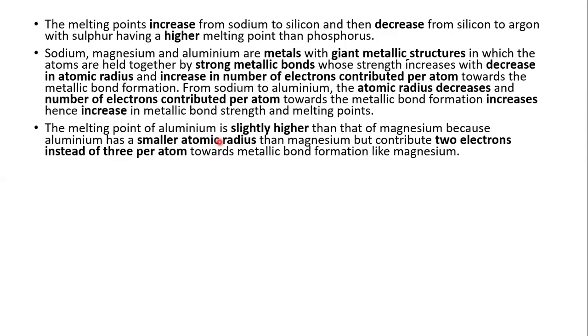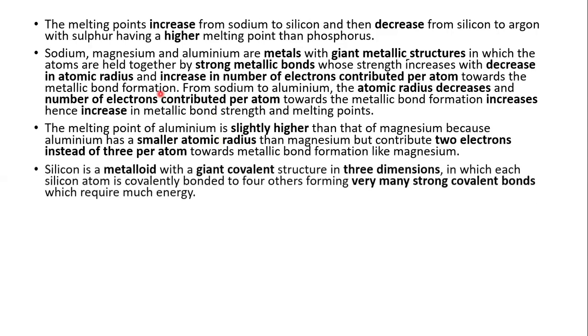Let us see that of silicon. We derive all these from their structures. That's why we first look at the structures. When I'm describing silicon, you need to know the structure of silicon. Silicon has a giant covalent structure in 3 dimensions, in which each atom is covalently bonded to 4 others, forming very many strong covalent bonds which require much energy.